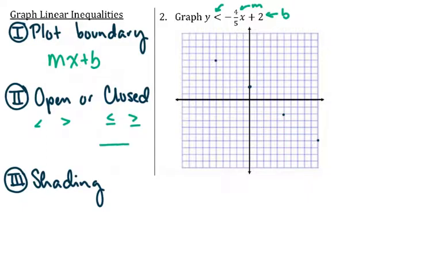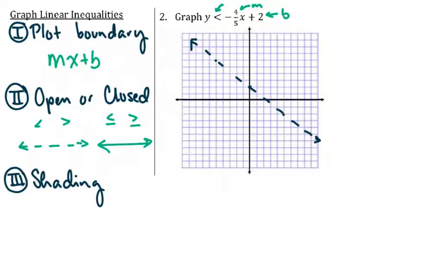For a closed boundary, you're going to make it a solid line, and for an open boundary, you're going to make it a dotted line, like this. So in this case, you'll notice it's open, and that's why I said don't worry about filling in things right away, because we're going to make it a dotted line, not a solid line, since we're looking at an open boundary. It is a line, so make sure you put the arrows on the end.